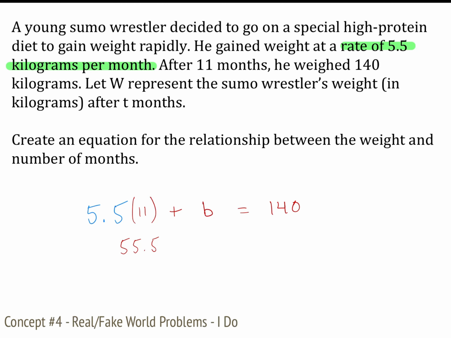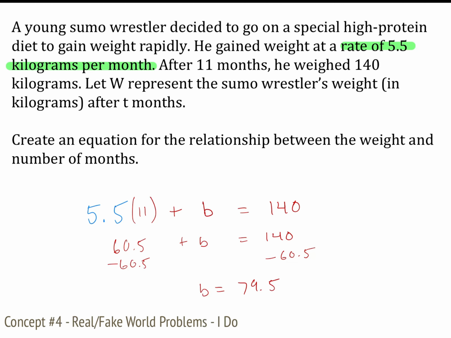Nope, I was wrong. It's 60.5. Plus B equals 140. I subtract 60.5 from both sides, and B is equal to 140 minus 60.5, which I can do in my head. That should bring us down to 79.5.